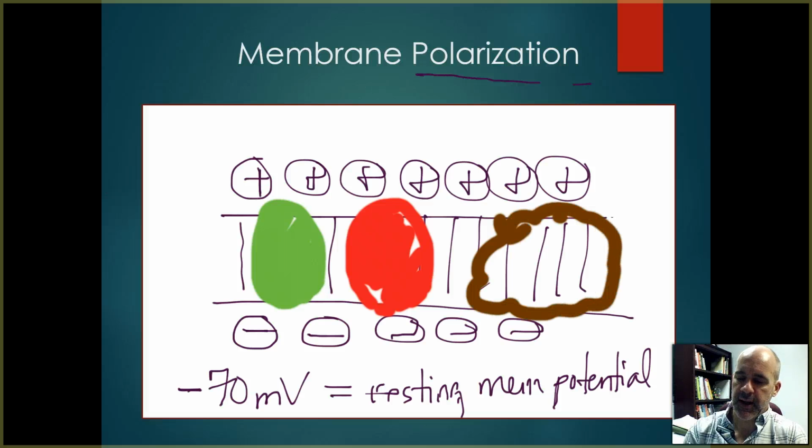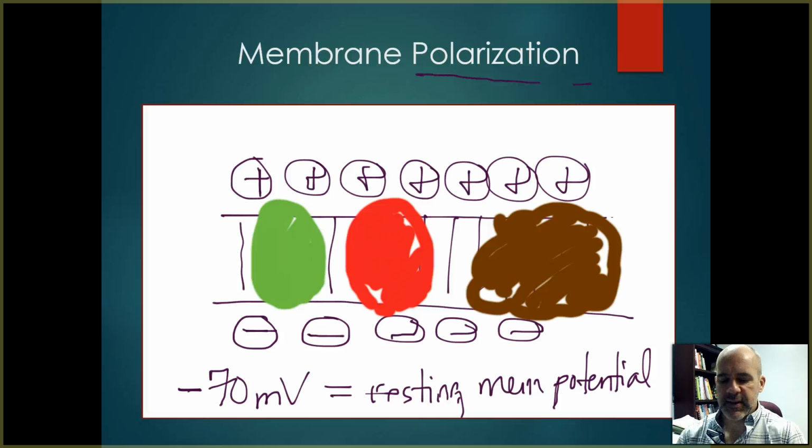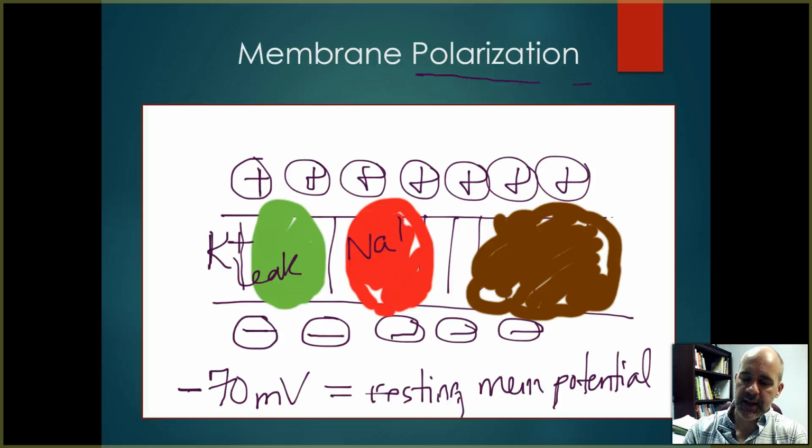Animations, again, are generally the most helpful, but along these cell membranes you have potassium leak channels, and you've got sodium leak channels, and then you have proteins that are really important called the sodium potassium pumps.